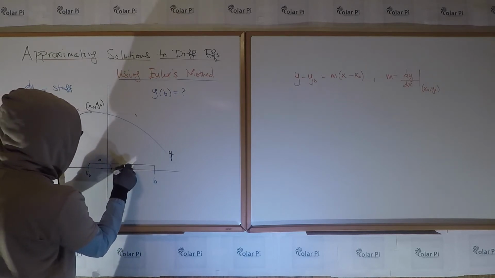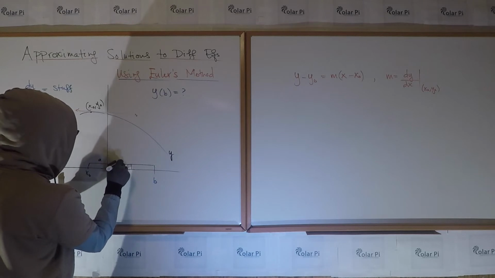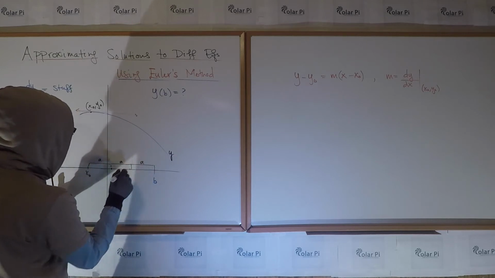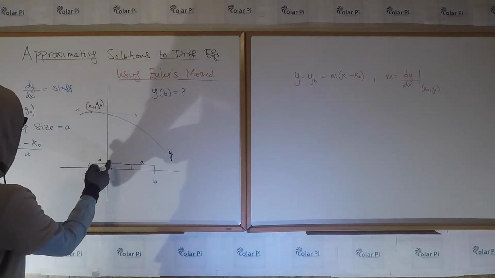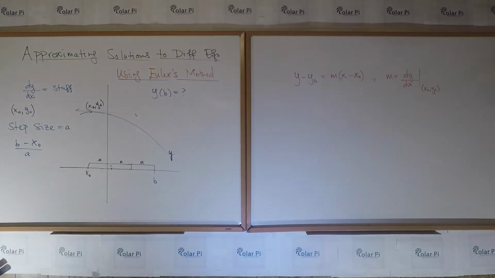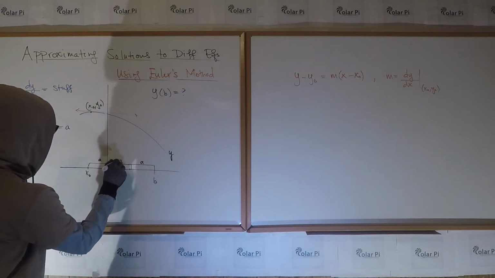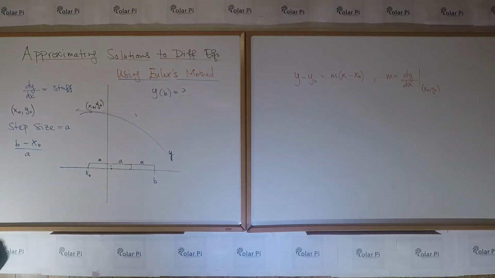This may be a little early, but I don't need to be that precise. You get what I'm trying to do. This is little a and this is little a, so we need 3 of them based on this visual. My bad, this a is pretty tiny, and now it's too big.